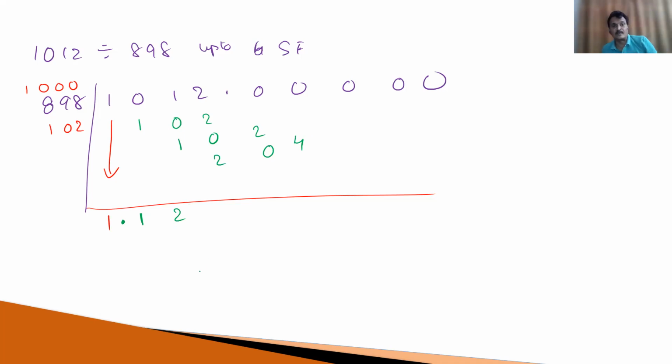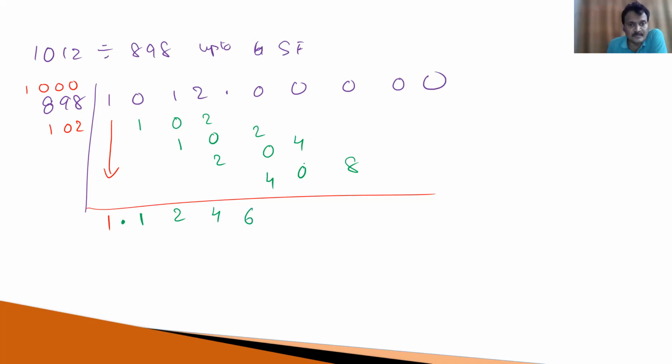What we required? We required 6 significant figures. That means after the decimal we require 6 digits. Now 2 plus 2 is 4. Now again, 4 into 1 is 4, 4 into 0 is 0, 4 into 2 is 8. 2 plus 4 is equal to 6.